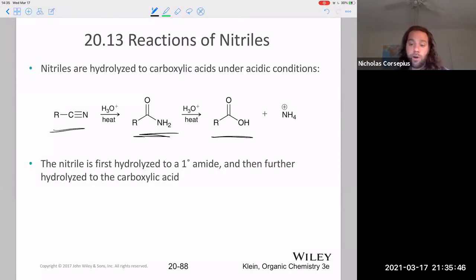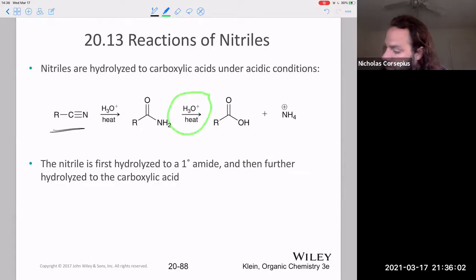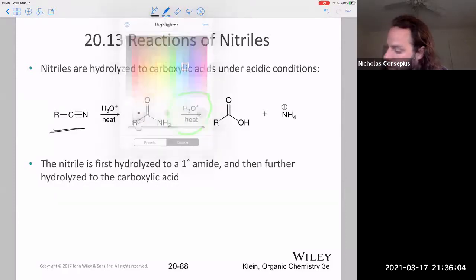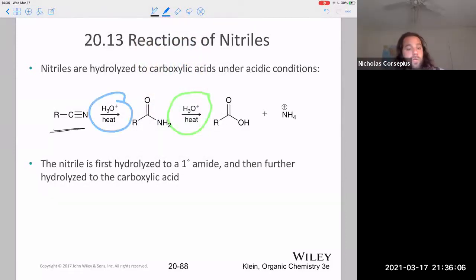Then we know from last lecture that amides can be converted to carboxylic acids by the presence of acid and heat. So we already learned about the mechanism for this step here. Now we're going to focus on the mechanism for this step. How do we get from nitrile to amide?